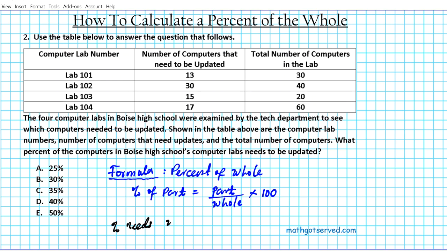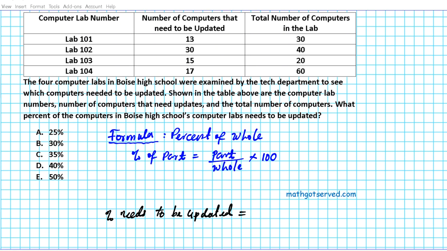If we want to express that in percent form, it's going to be the part that we desire, which is basically the number of computers that need to be updated.